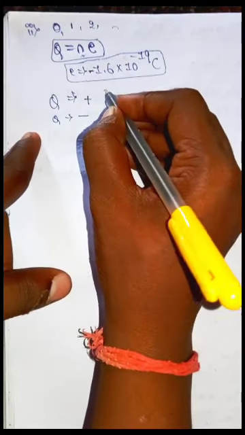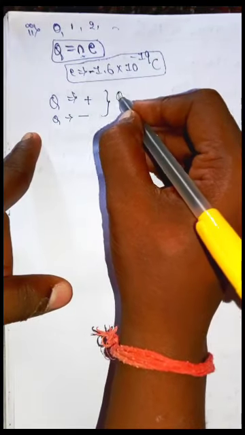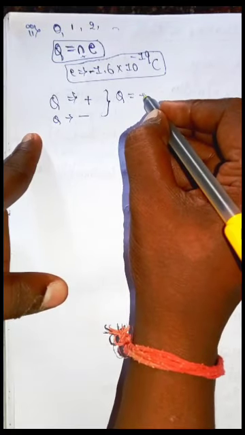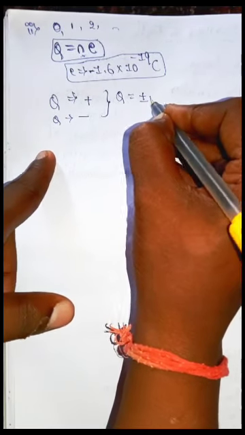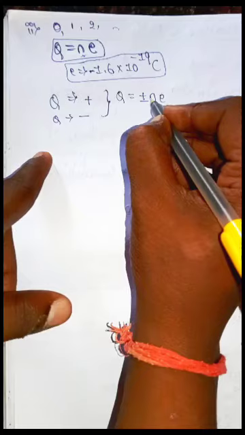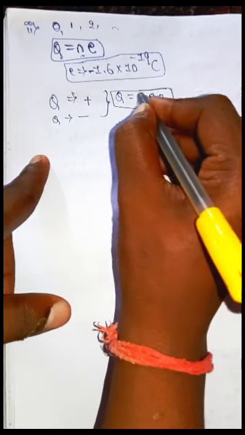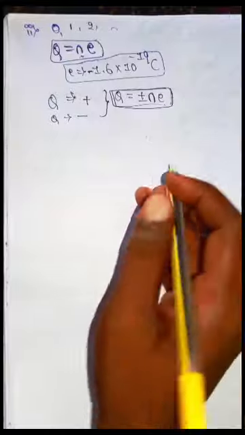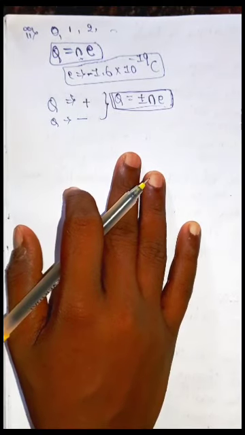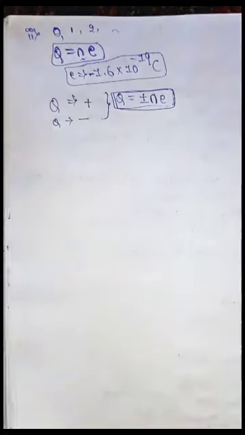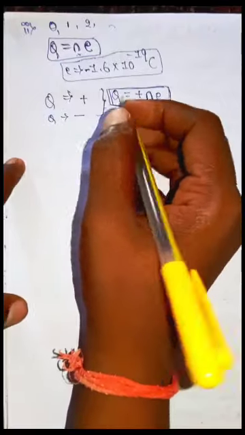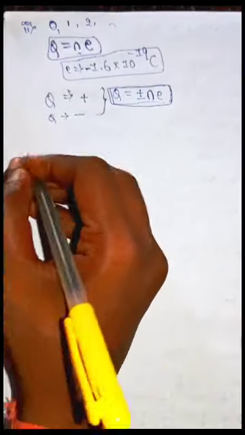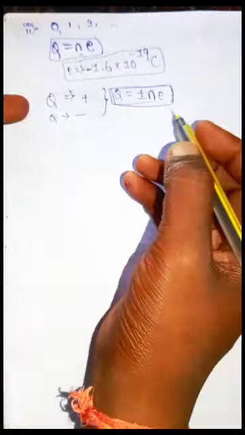So by combining both of them, we can write charge on a body is equal to plus or minus ne. This is the important formula for competitive exams. And here the charge cannot be written in fraction or decimal.